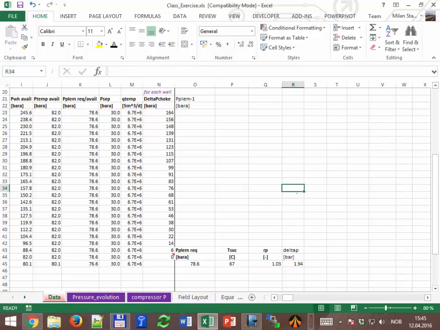Then I have to put someplace the polytropic efficiency. We said we are going to assume it to be 0.7, constant. If you have some values, then you can change it every year, but now we are just going to assume that it's constant.